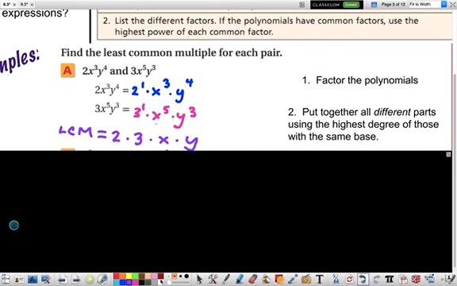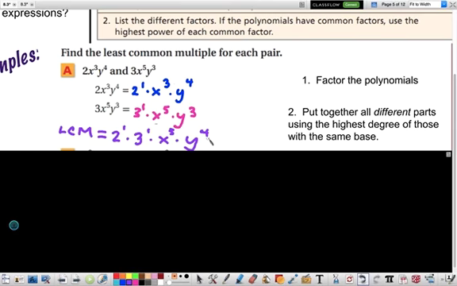What's the highest exponent for 2? 1. What's the highest exponent for 3? What's the highest exponent for x? 5. What's the highest exponent for y? 4. You see how nice it is to find the least common multiple? You factor, put together all the different terms, then you choose the highest power for each.